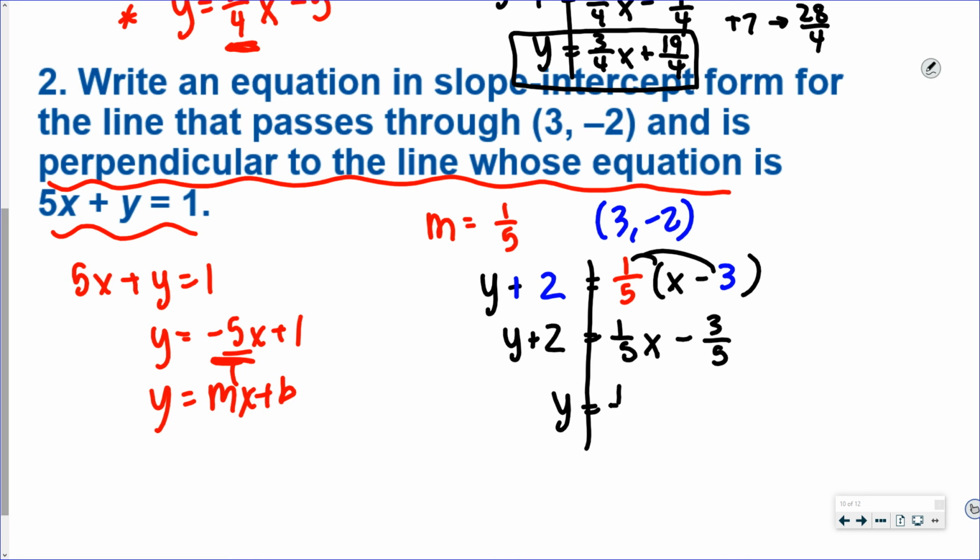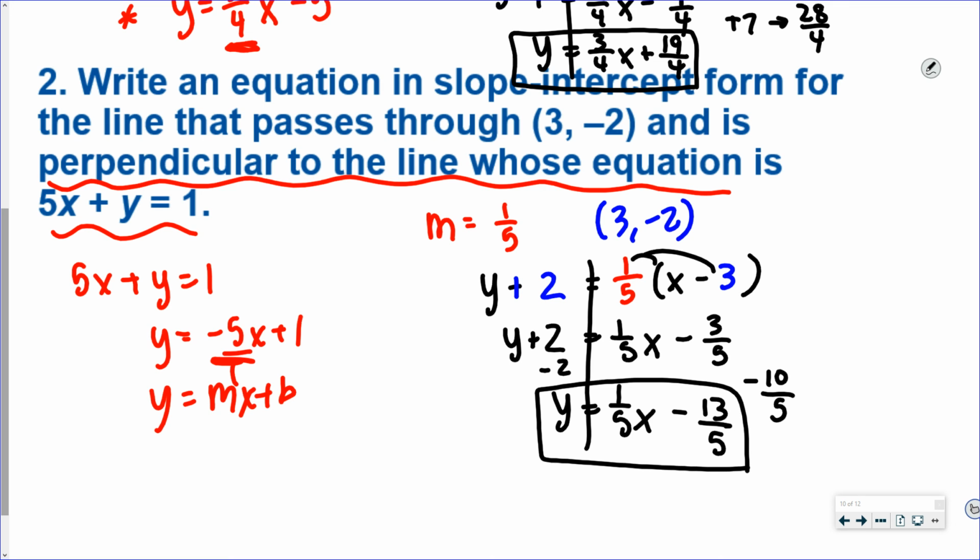Subtract over 2. So you can write that in your work too if that helps you. Subtracting 2, you can think of that as subtracting 10/5 to -3/5, so -13/5. They almost always leave everything in improper fractions.